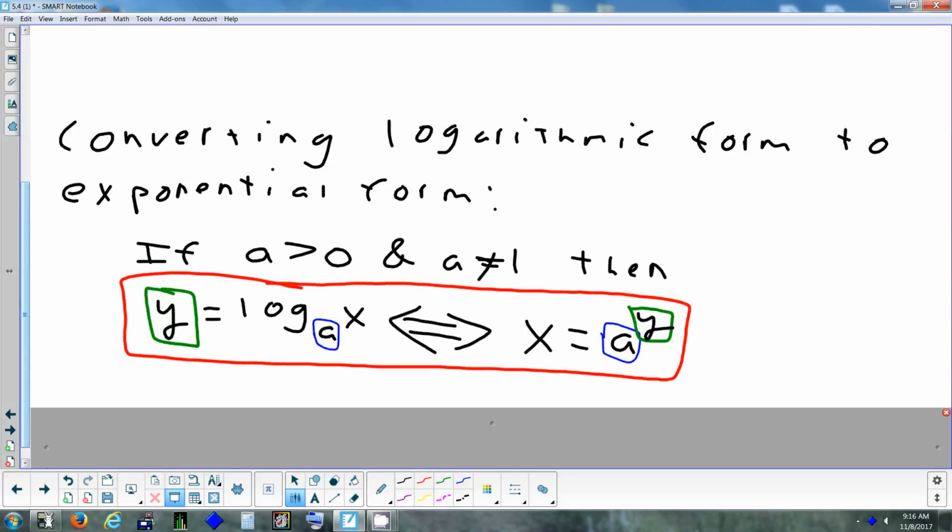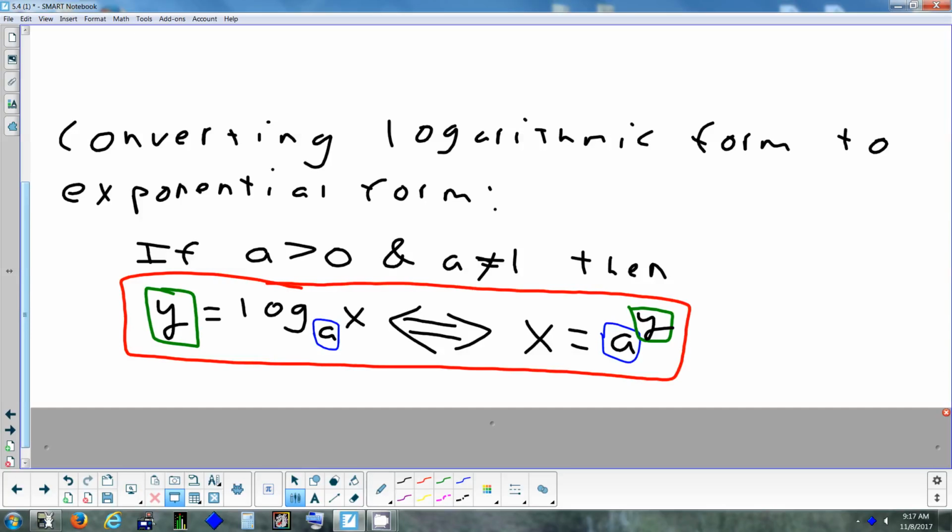First thing I usually do is, if you give me something in log form, I focus on the a, what's in the blue box. a is the base on my log. When you rewrite it as an exponential, a is the base on your exponent. So that's how I remember where that one goes.